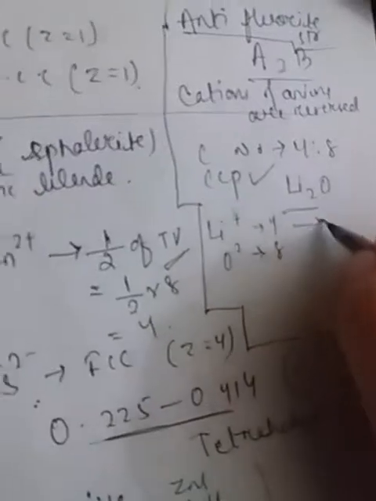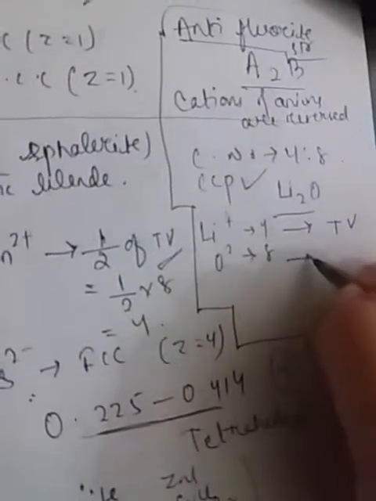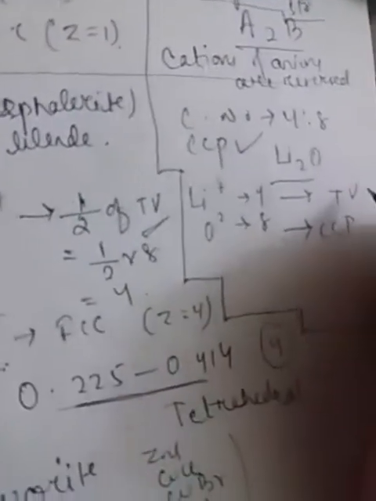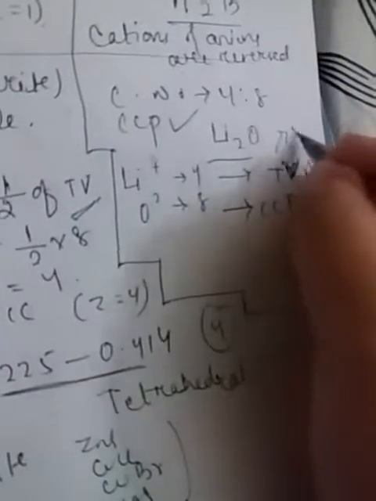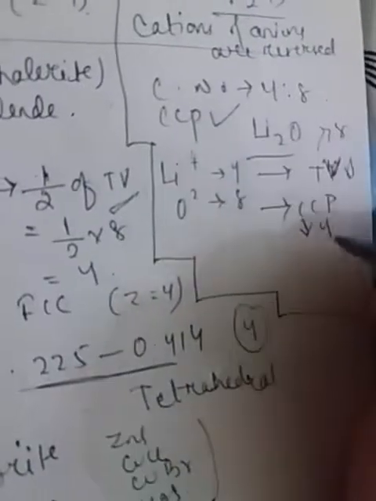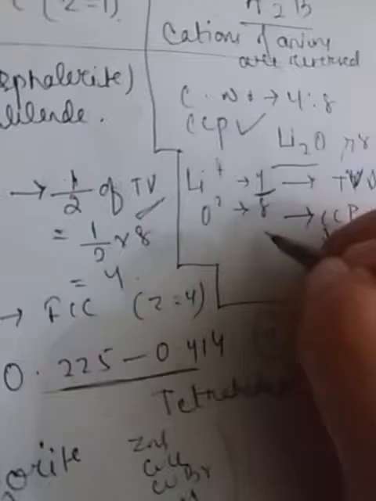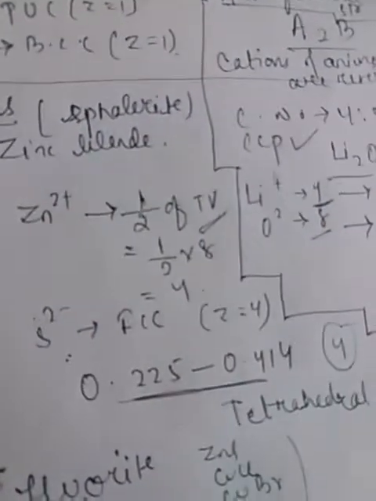Li+ ions are present in the tetrahedral voids and O2- on the CCP type arrangement. Coordination number should come like 8:4, but it is 4:8 as the lithium cation has 4 coordination number. In this way, antifluorite and fluorite, AB2 and A2B, are reverse of each other.